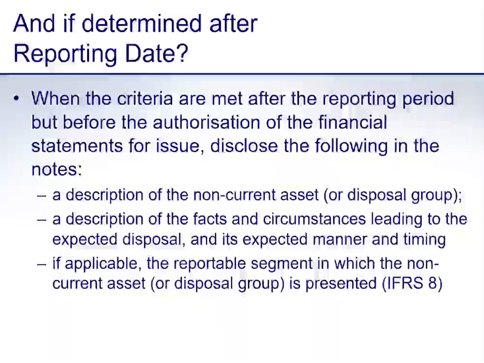So what is it that is driving this? How do you intend on disposing of the asset? And when do you intend on disposing of the asset? All of that must be disclosed as part of your financial statements.